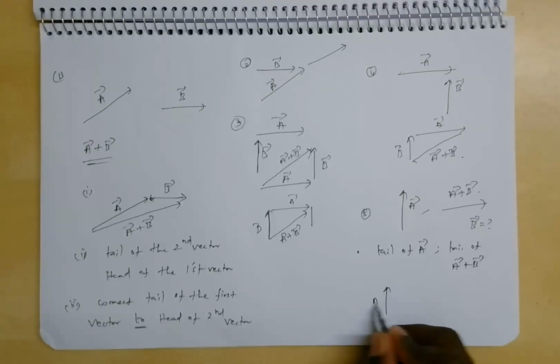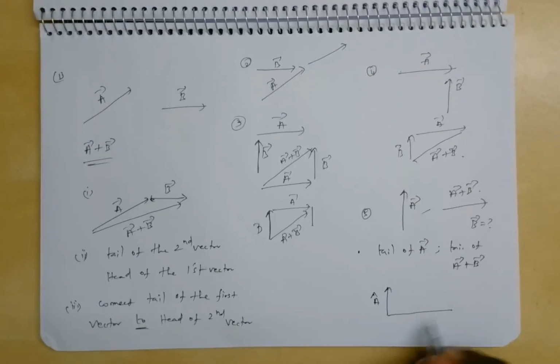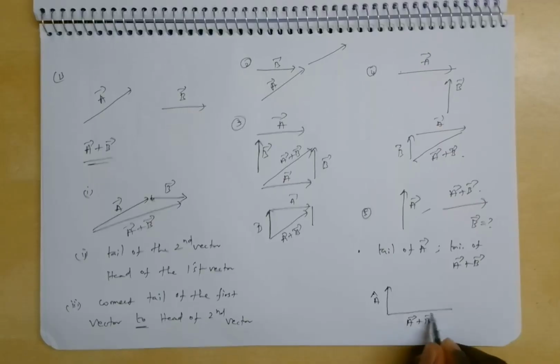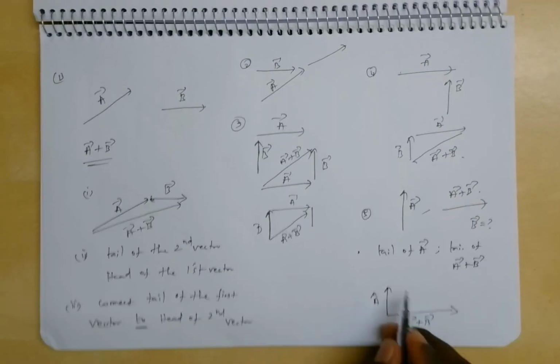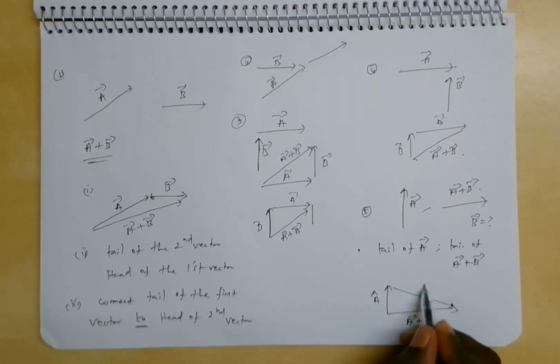So this is A vector and this is A plus B vector. So in which direction B vector should have gone is this. So this is B vector.